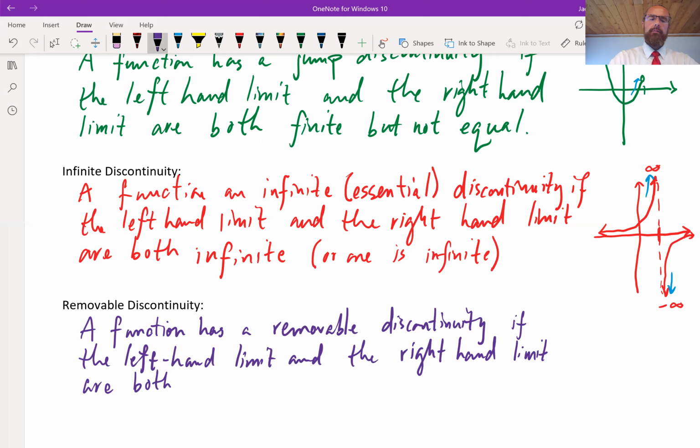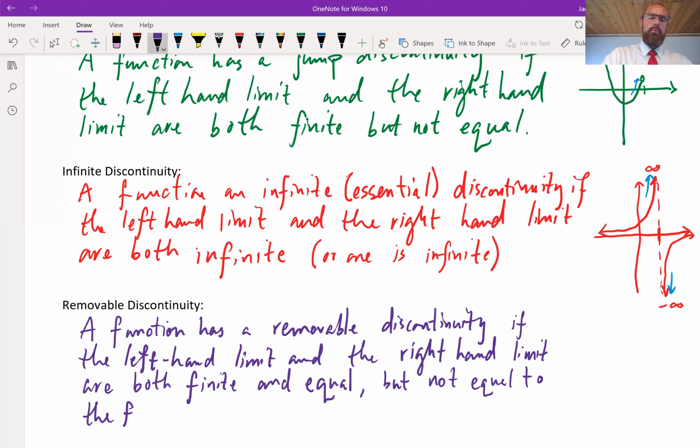So that's something we're taking from the jump discontinuity. And surprisingly enough, equal. But not equal to the function at that point. So note how we're taking parts from these different definitions to finalize this removable discontinuity definition.